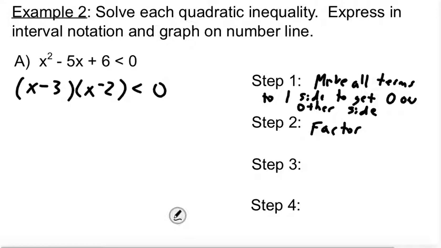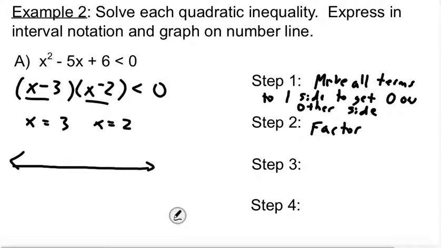So then step 3, we want to find our zeros here. So how do you get 0 here? How do you get 0 there? Oh yeah, x equals 3 and x equals 2. So those are going to find where factors equal 0.